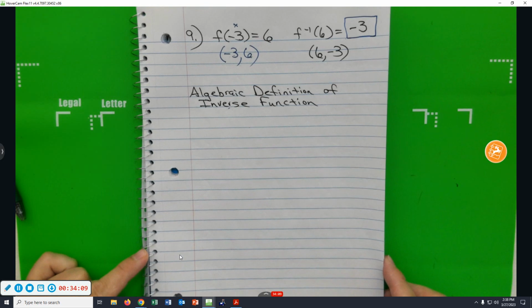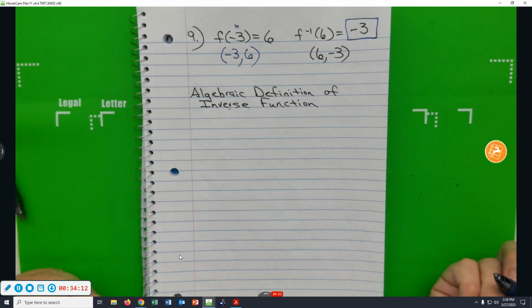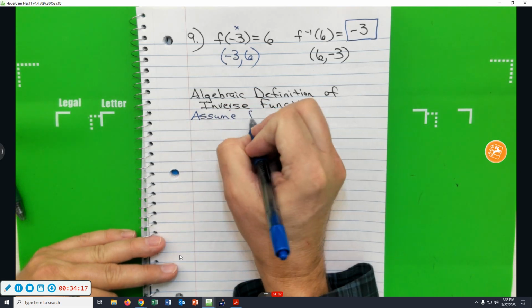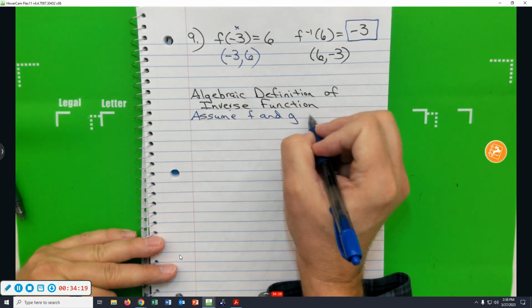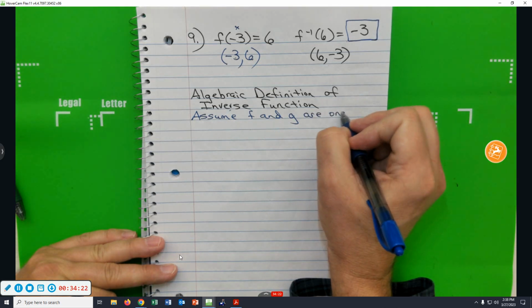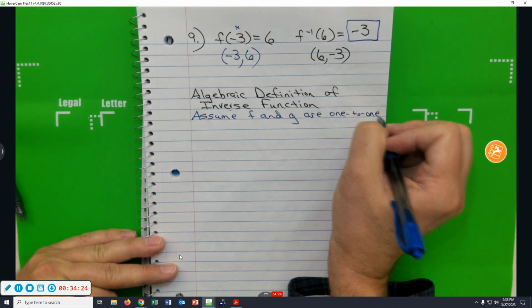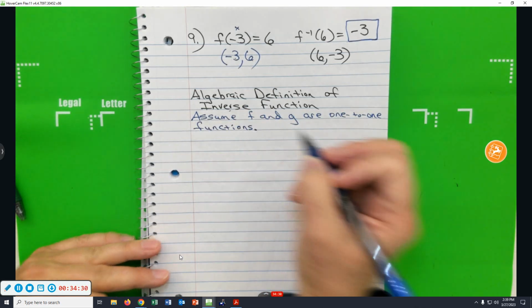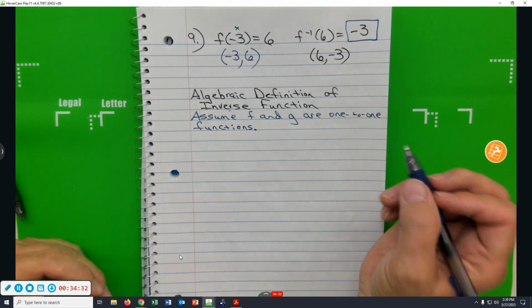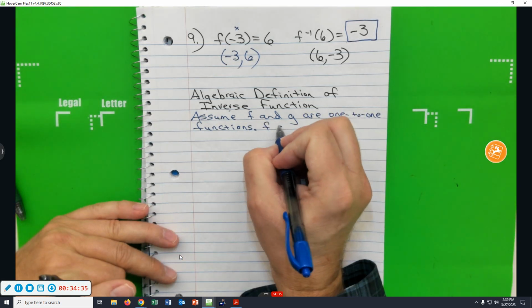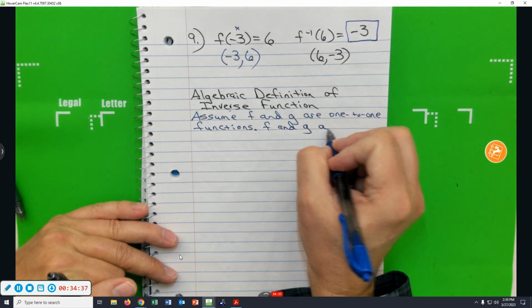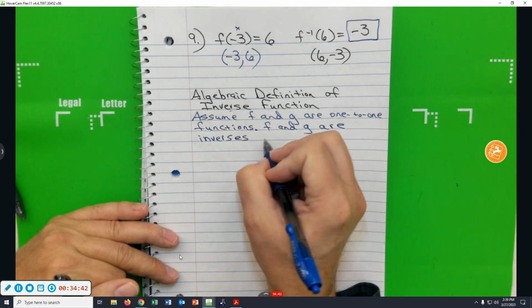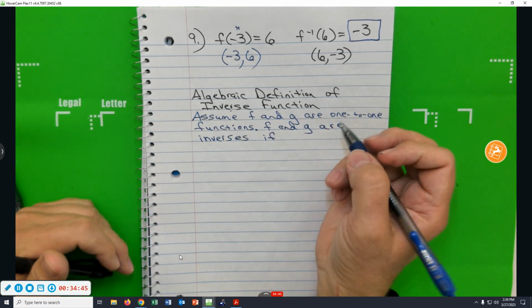Let's assume that we have two one-to-one functions, f and g. f and g are inverses if each of the following is true.